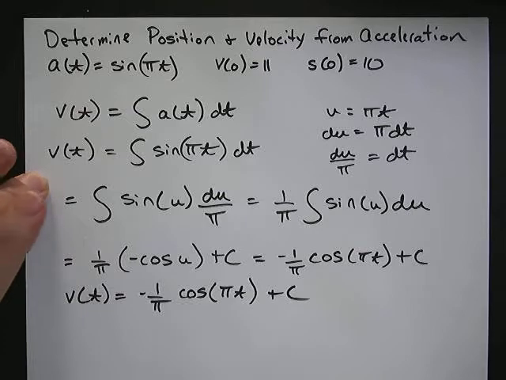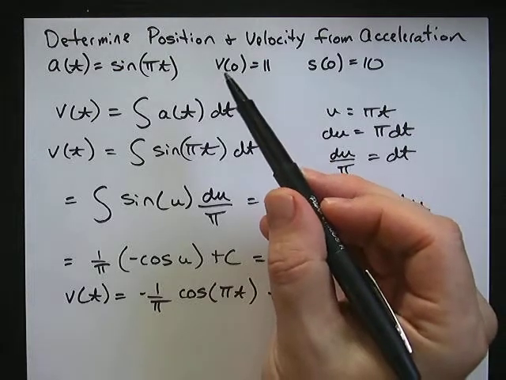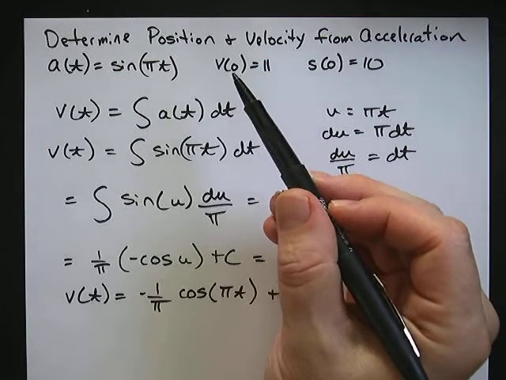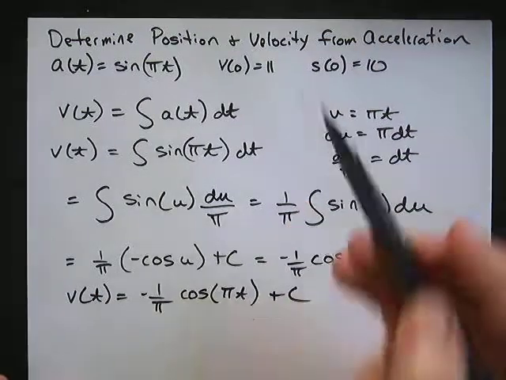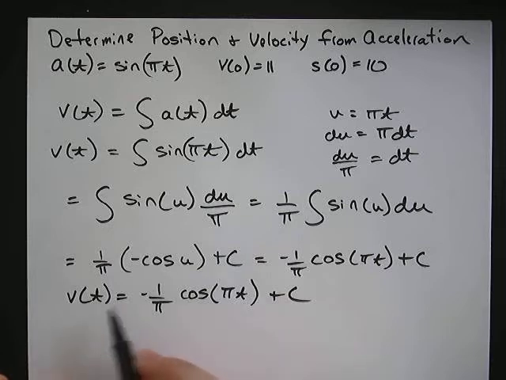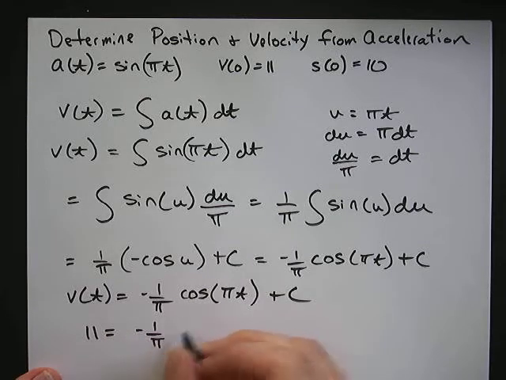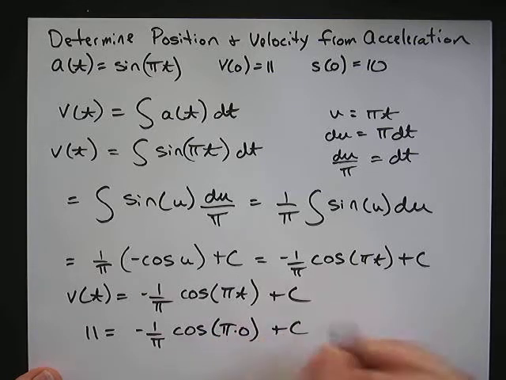Now, obviously, we can't just leave it as plus c. We need to figure out what the plus c is, and that's where this initial condition helps. It says if you plug in a 0 into the velocity function, you'll get an answer of 11. So if I plug in a 0 in place of t, 11 is equal to negative 1 over pi cosine of pi times 0 plus c.